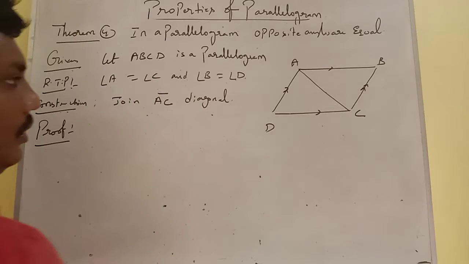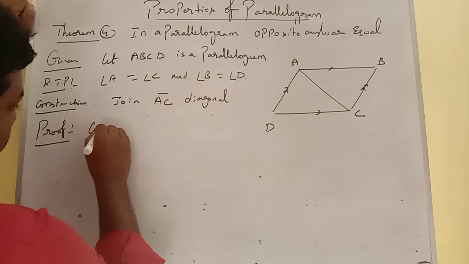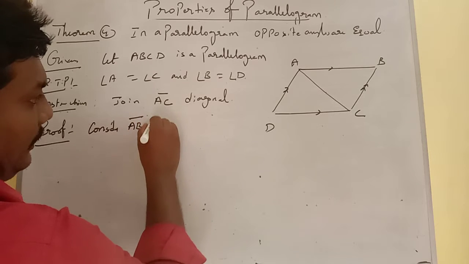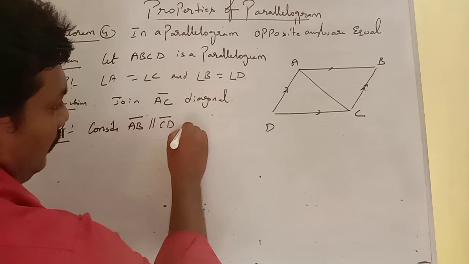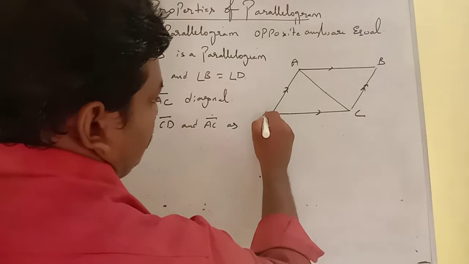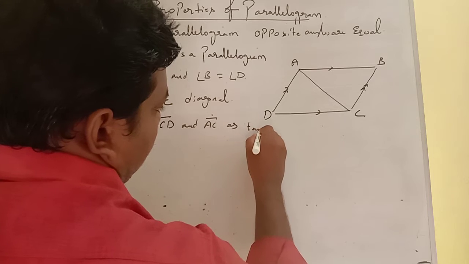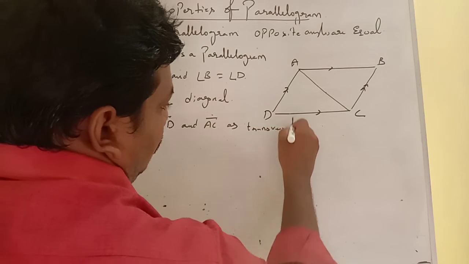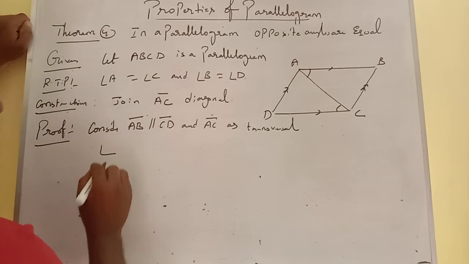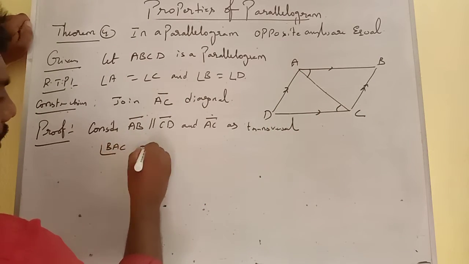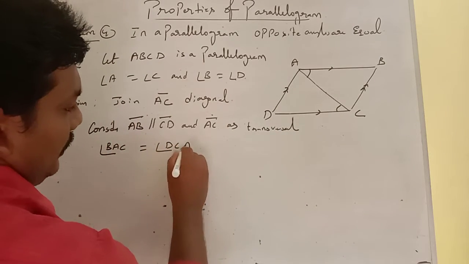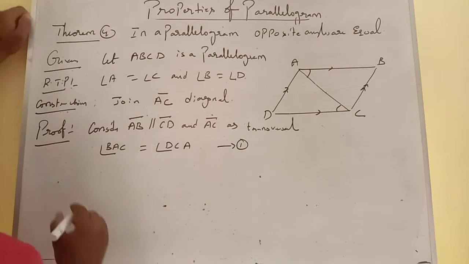Proof. Consider AB parallel to CD and AC as the transversal. Then these two alternate angles are equal, that is, angle BAC is equal to angle DCA. Make it the first equation.